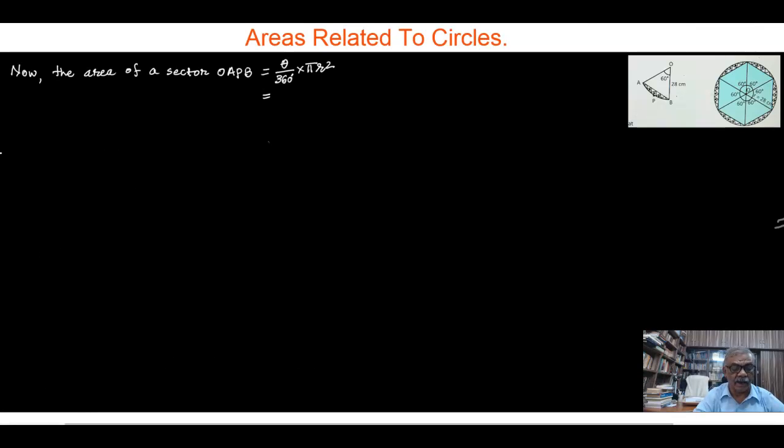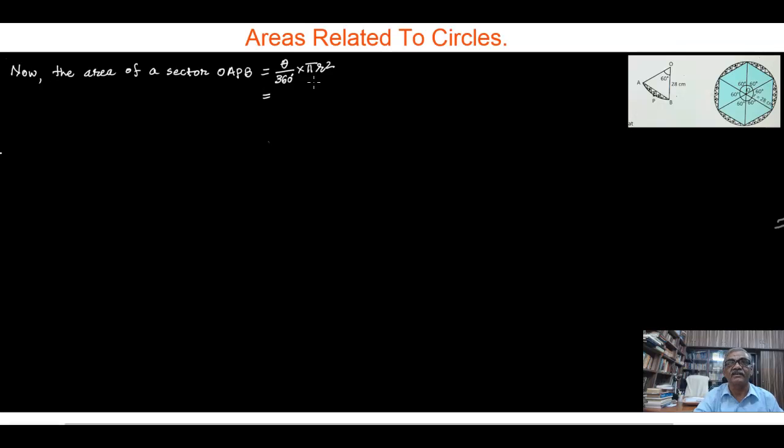Now the area of a sector OAPB equals theta by 360 into pi r square, by the formula.